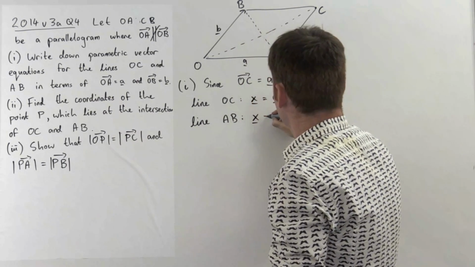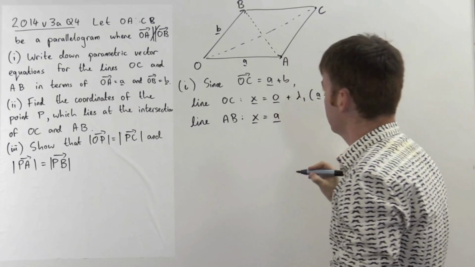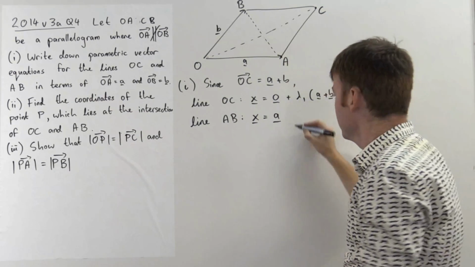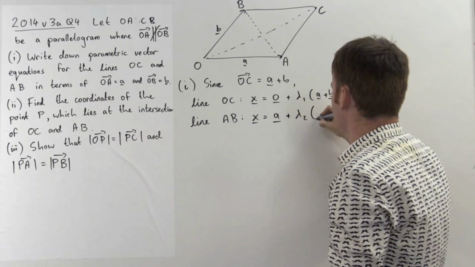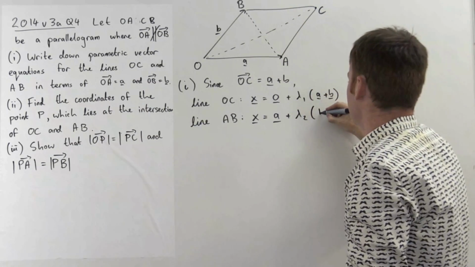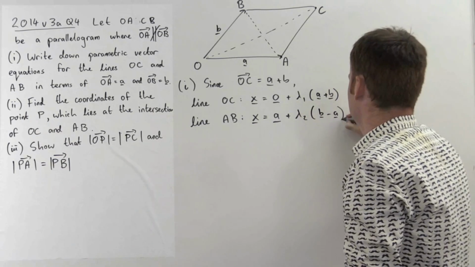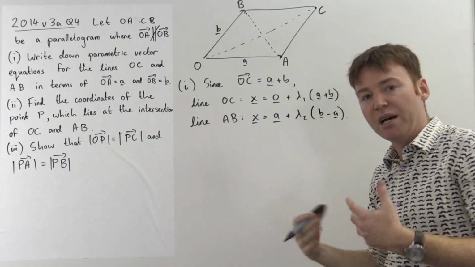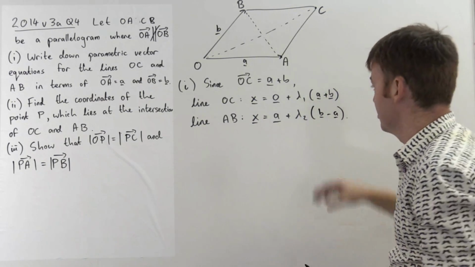So x is A, the coordinate vector of a point on the line, plus lambda 2 times this direction vector AB. So that's just B minus A. These are my parametric vector equations for the two lines.